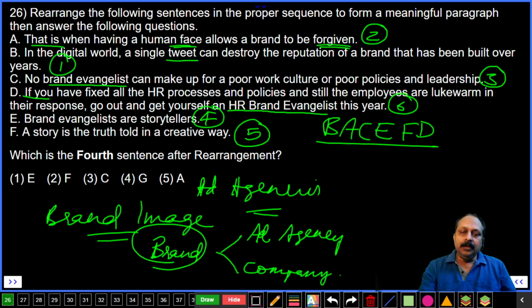And it talks about brand, brand image, and what is required for a good brand image. The passage talks about how an HR brand evangelist is required. So, what is the correct order? BACEFD. Not easy.